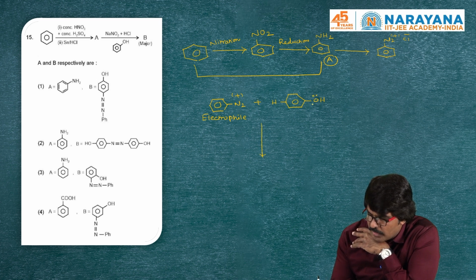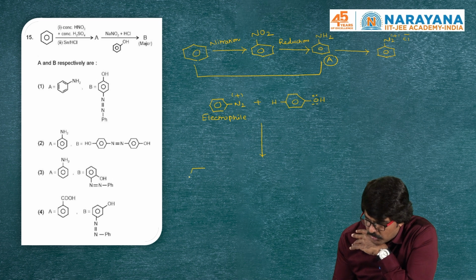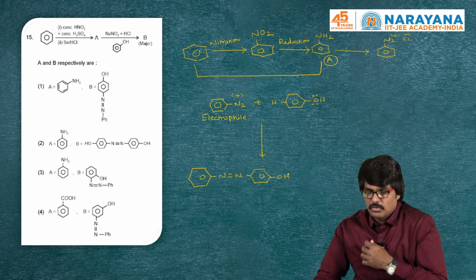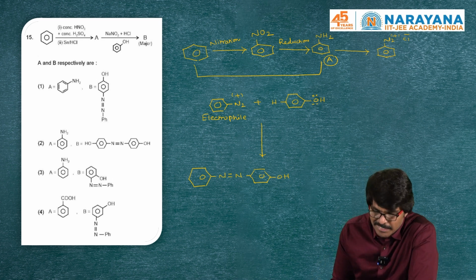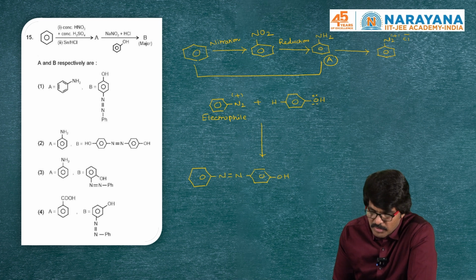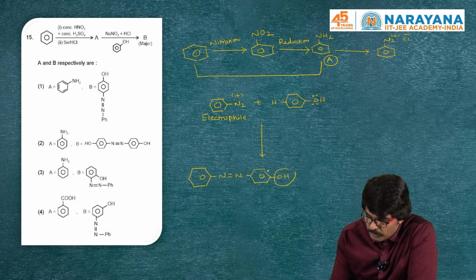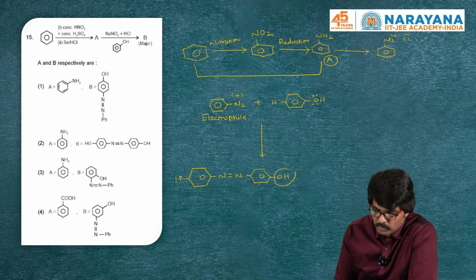Particularly that substitution takes place at the para position and the product is an azo compound, with N double bond N at the para position of phenol. So A is aniline, B is the azo compound, but here there must be only one OH group.